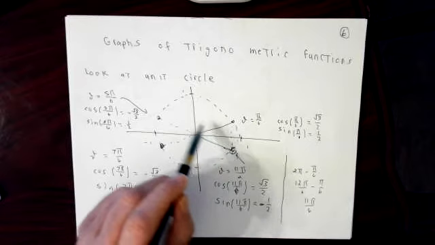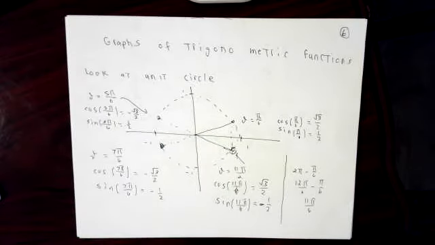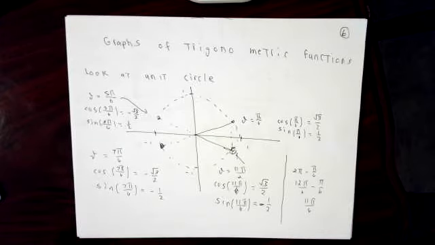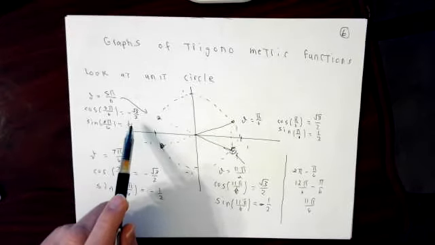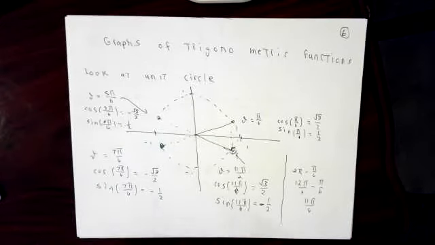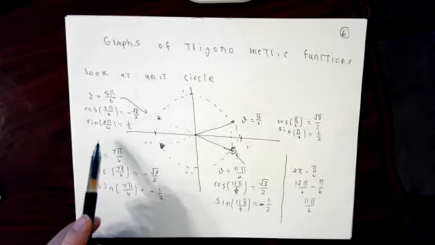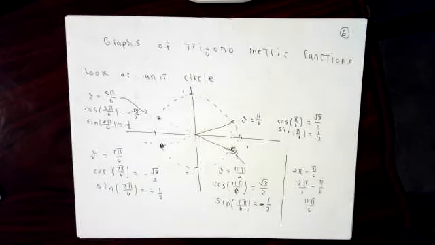So this angle is 5 pi over 6 radians. The coordinates of this spot are the same as the coordinates of the original spot, except the x-coordinate is negative now. So cosine 5 pi over 6 is negative radical 3 over 2. The y-coordinate hasn't changed any. Sine of 5 pi over 6 is 1/2.